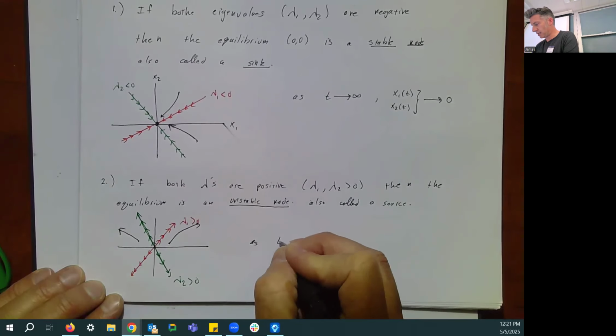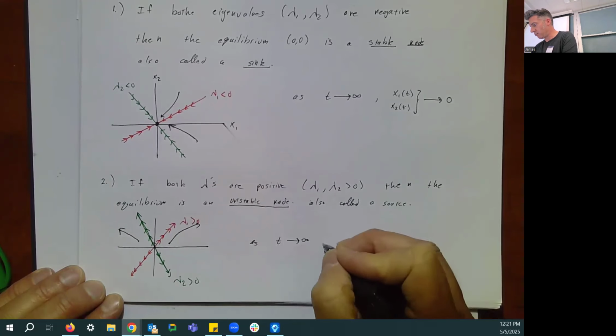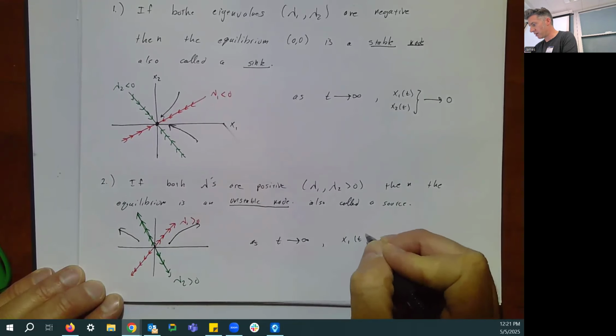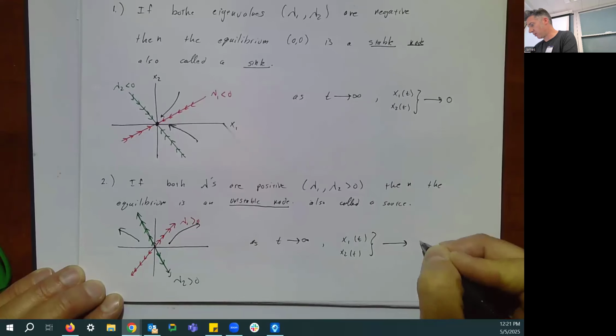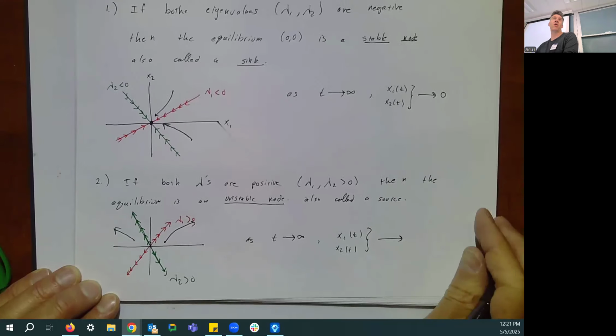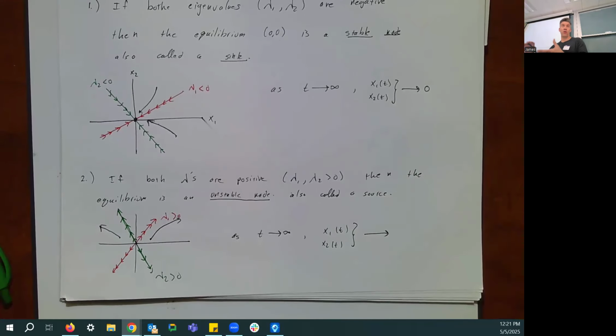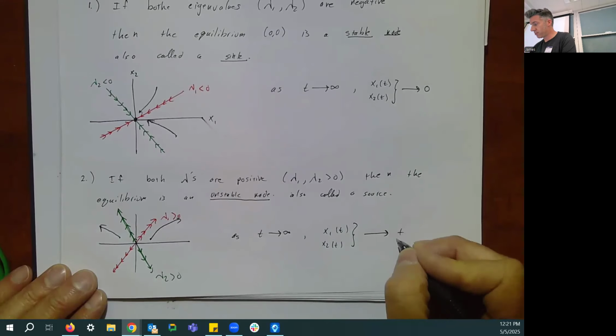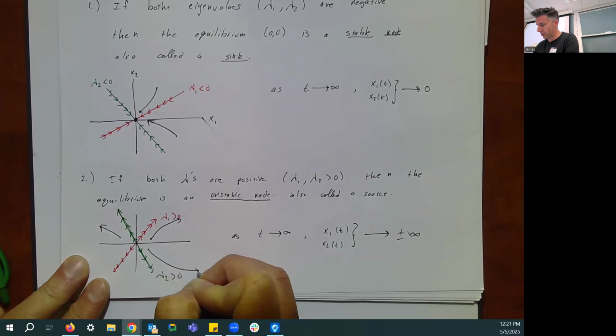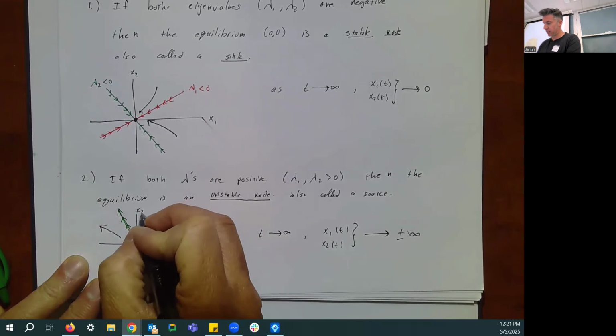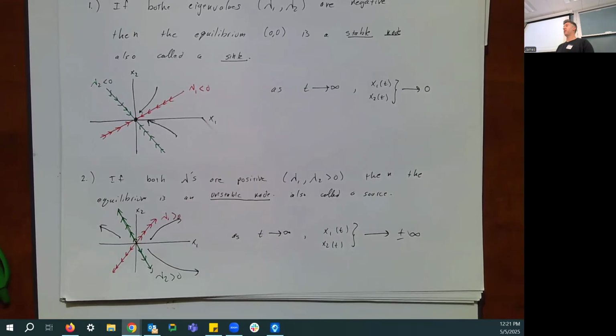Here, as t gets really big, both x1 and x2 also get really, really big. And they could get positively big or negatively big depending on where you start. Maybe you end up going down this way where x1 is really, really positive and x2 is really, really negative. But the point here is that they're not getting closer to the origin. They're moving far away from the origin.